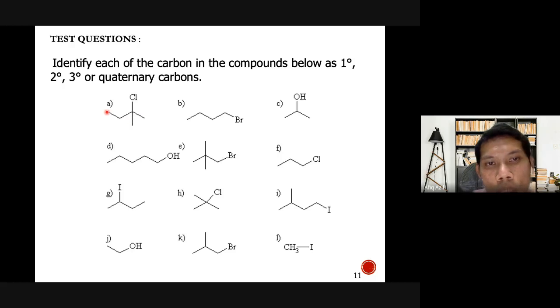So this would be primary. This one will be secondary because it is bonded to 1 and 2. This carbon over here is tertiary because it is bonded to 1, 2, and 3. This one will be primary, and this one also will be primary, because it is bonded to only one other carbon.